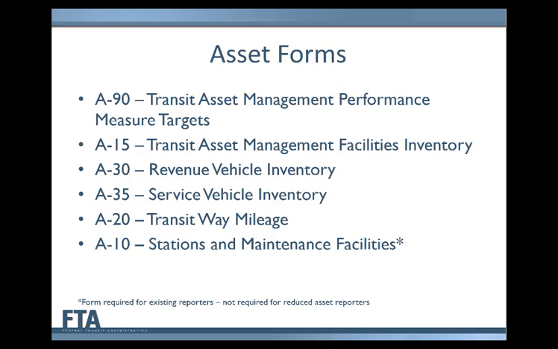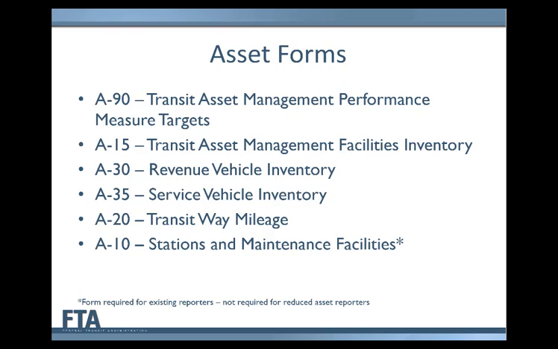Their designated Transit Asset Management sponsor will complete this on their behalf. Group plan sponsors will only fill out one A90 for the group. Targets that a group plan sponsor sets on the A90 will apply to all participants of a group plan, and these targets, as well as current performance measurement progress, will be viewable by all plan participants.